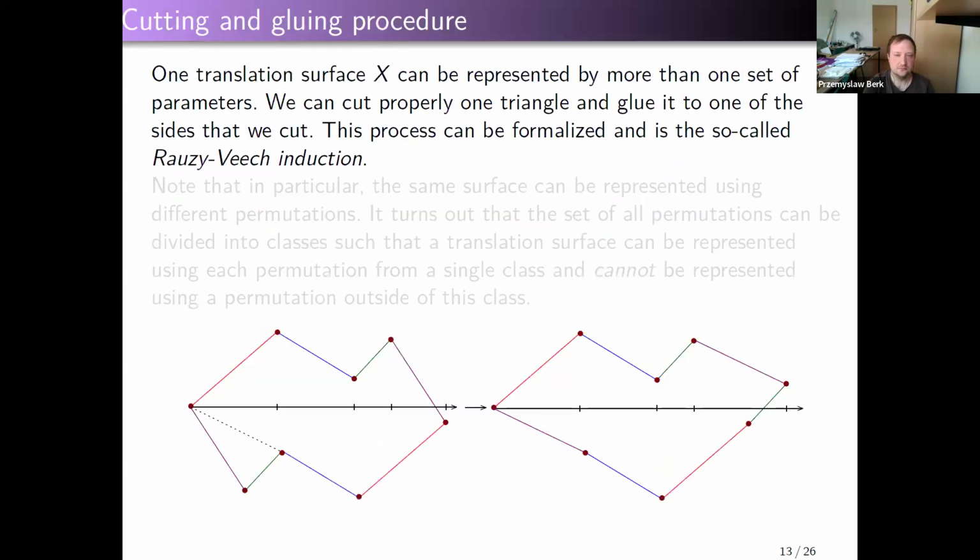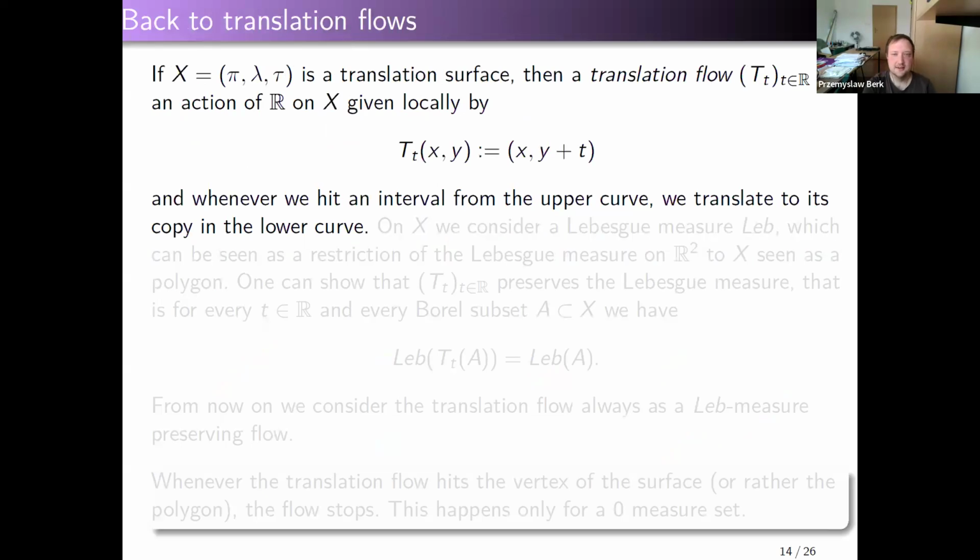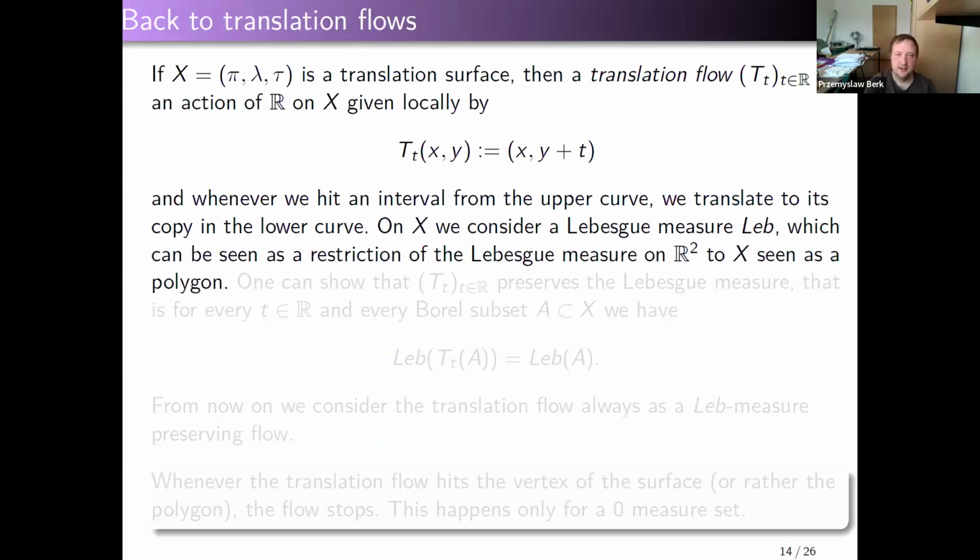Okay. So this is the flow, and I will consider a Lebesgue measure on my surface. You can think that it's just the Lebesgue measure restricted to a polygon for simplicity. If you consider a square and translate it by a small amount, it's still the same square, just translated, so the area is the same.